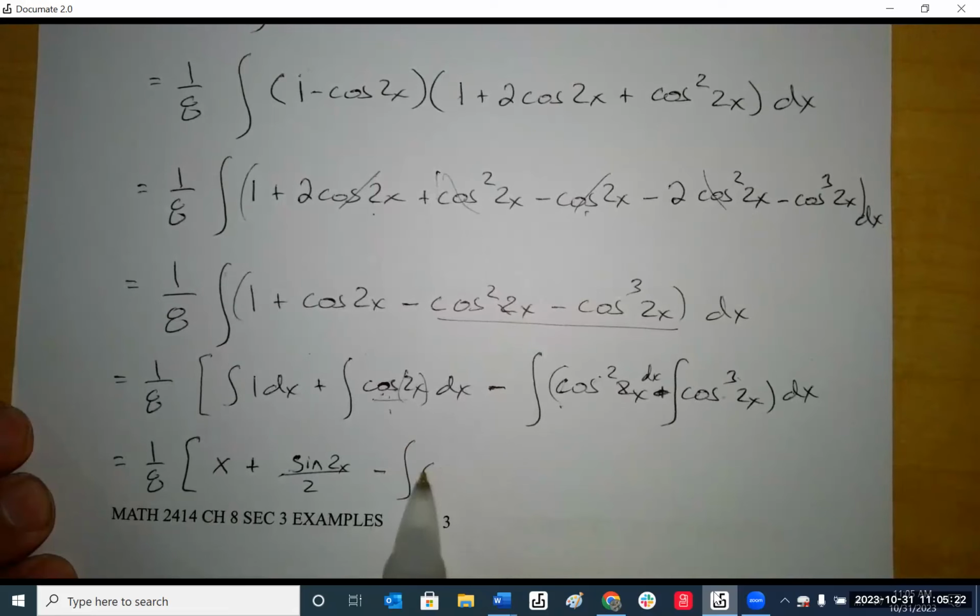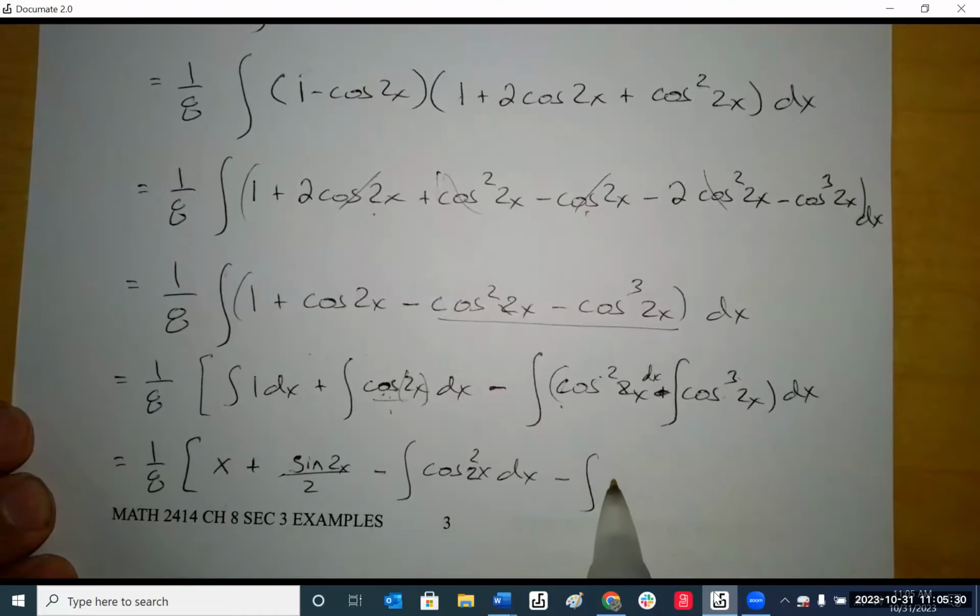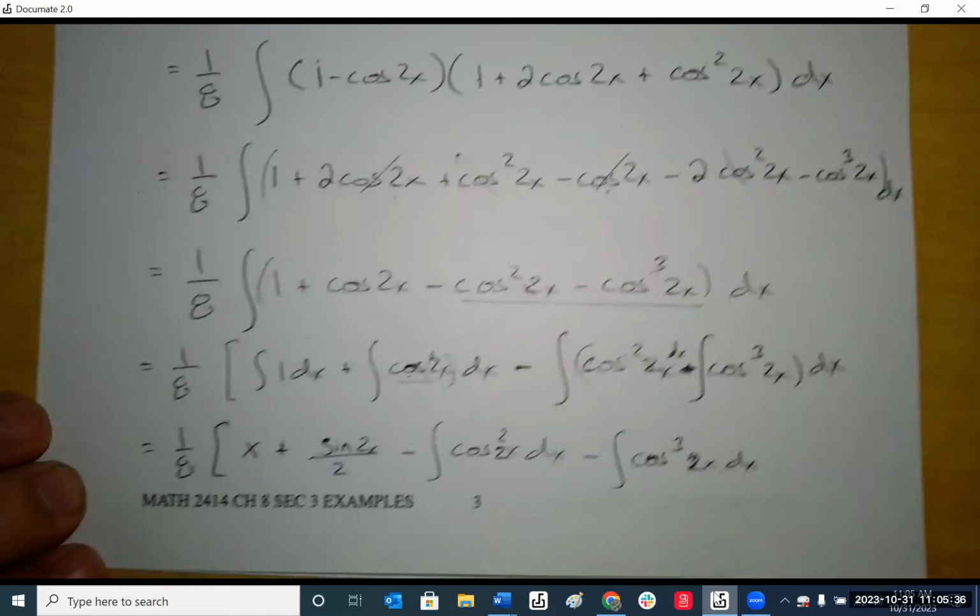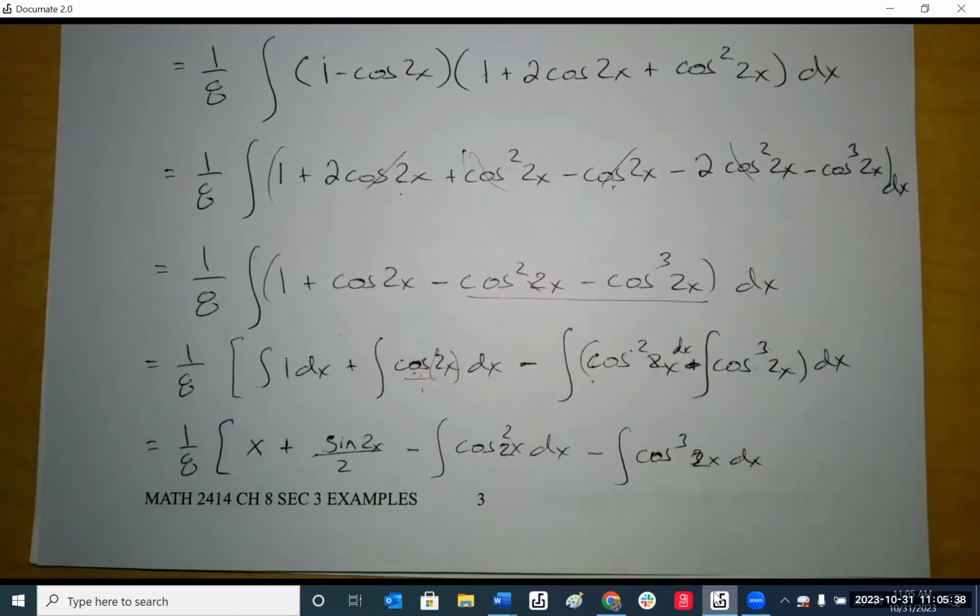Minus the integral of cosine squared 2x, minus the integral of cosine cubed 2x dx. So these are finished. We just have to do those now.